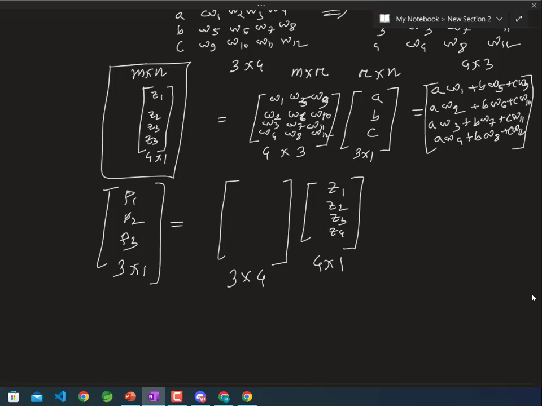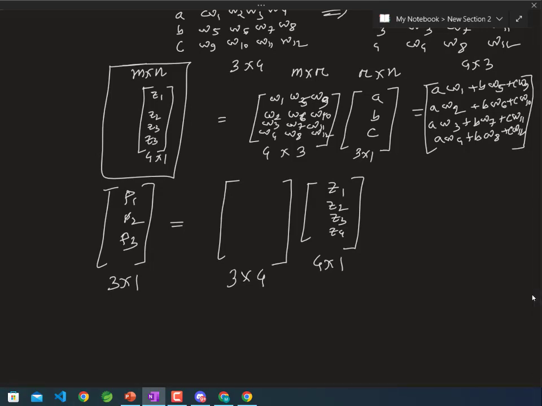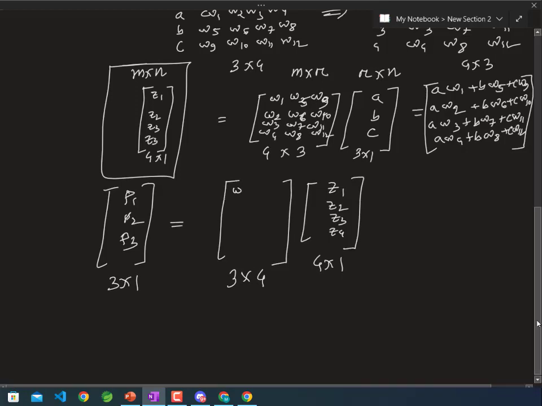if we consider it 1 2 3 matrix, then how we can consider it? We can rewrite the weights like 3 rows and 4 columns. So 4 columns for 4 Z1s and 3 rows for P1, P2 and P3.